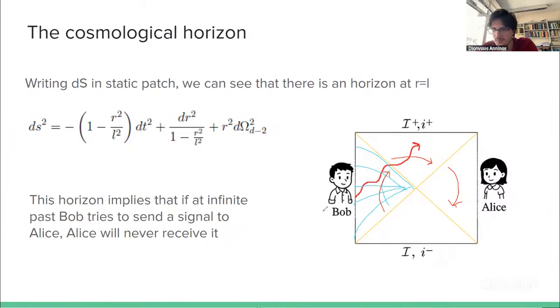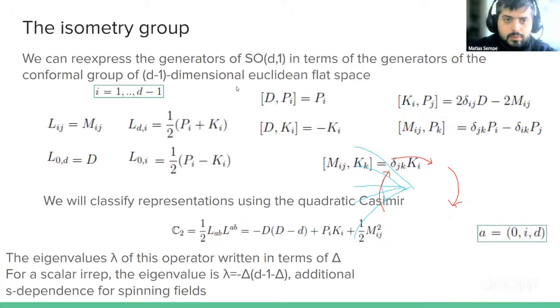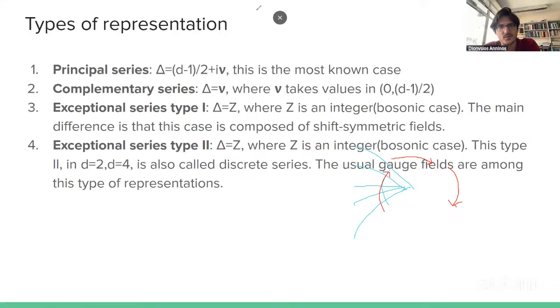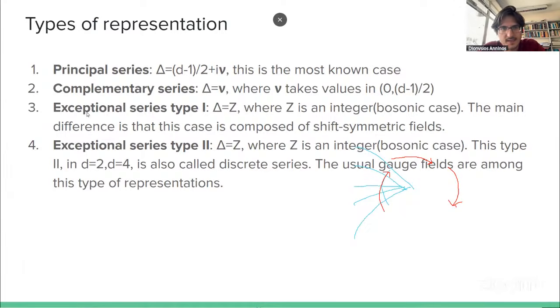Okay, then let's move to the list of representations you had, when you had the different deltas that were allowed. Maybe it's the next slide. Here there's a curious thing: delta has these complex values, and when it's allowed to be real, it lives between 0 and (d-1)/2, and then it's an integer.